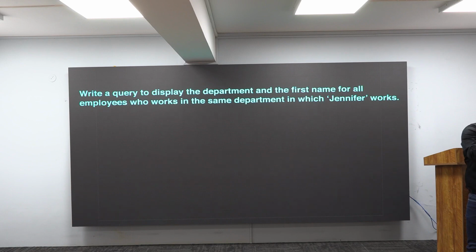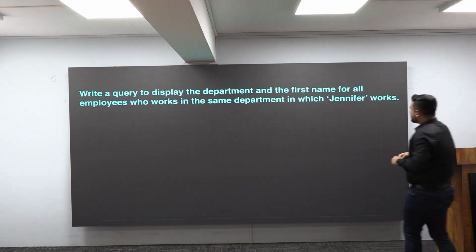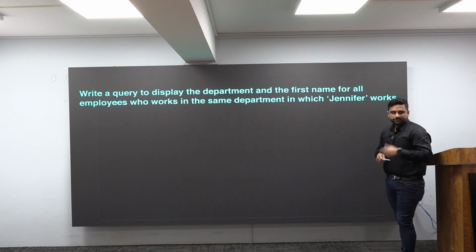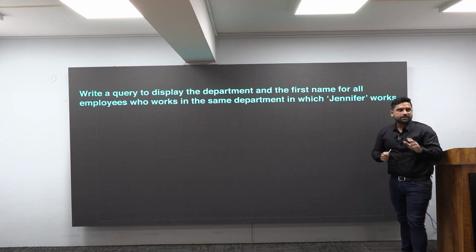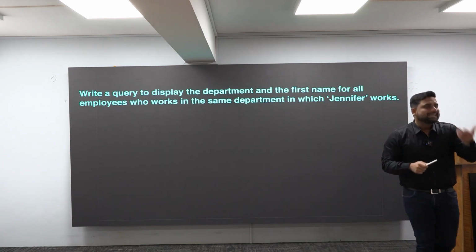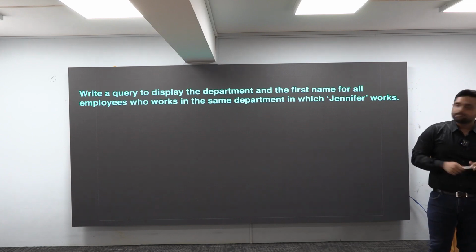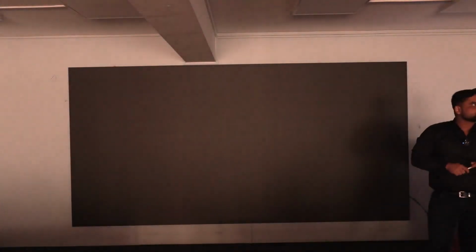Now please focus here. Do we know what is the department ID of Jennifer here? Do we have this information? It means this partial information we don't have in the question. So first what we should do? We should get the department ID of Jennifer. How can we get the department ID of Jennifer?